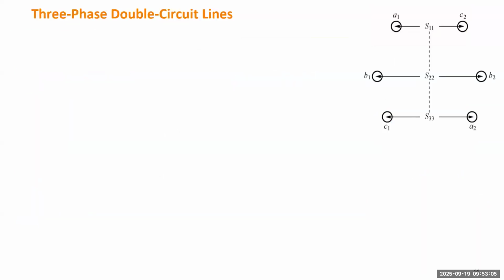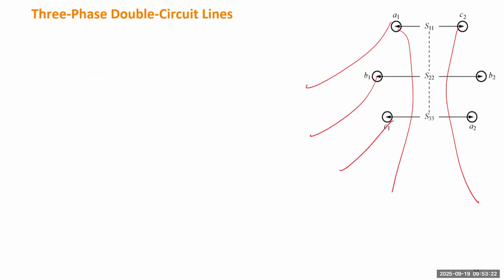All right. Okay, so let's move to the 3-phase double circuit line. For a 3-phase double circuit line, let's just assume there's maybe a tower, and the tower carries 2 transmission lines.